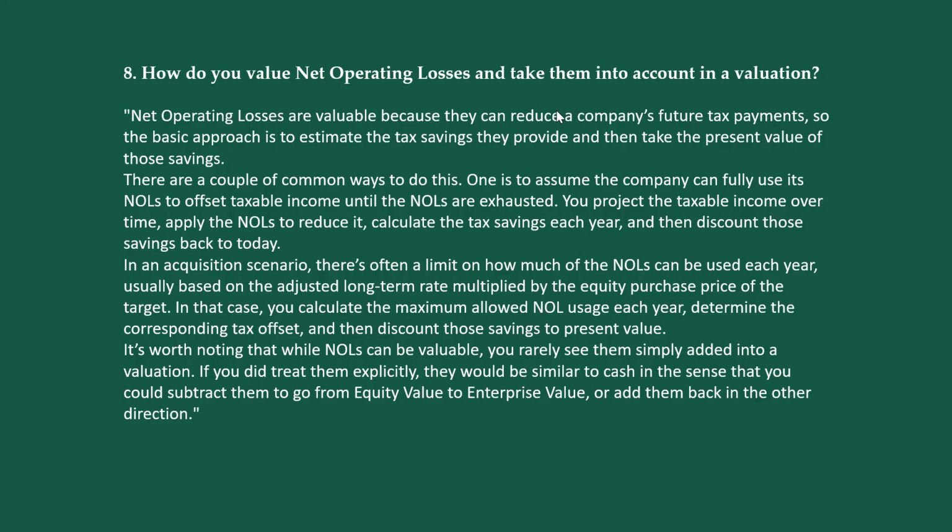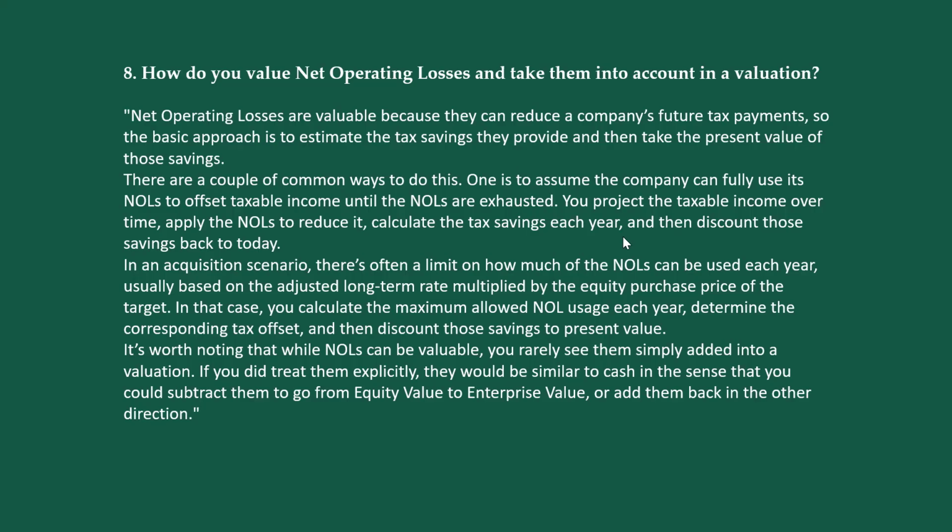There are actually two major approaches. One approach is the full utilization assumption, and the other is the acquisition or usage-limited scenario. In the full utilization assumption, we assume that the company can use its net operating loss to completely offset taxable income each year until the net operating losses are fully utilized.